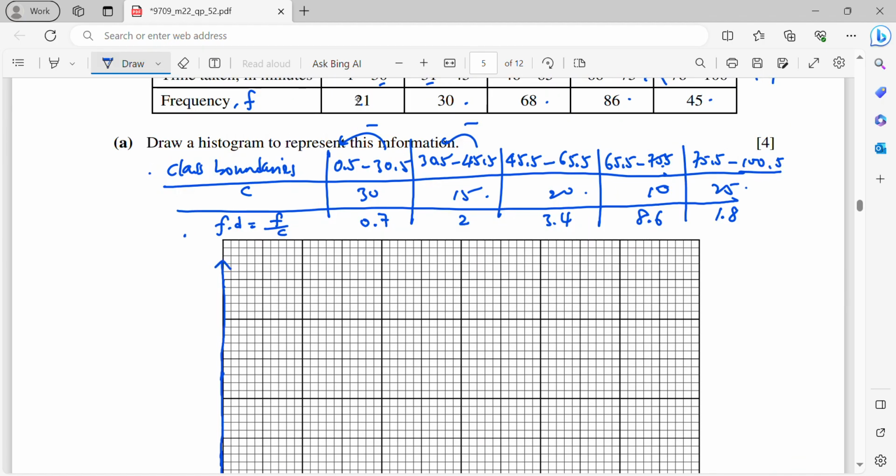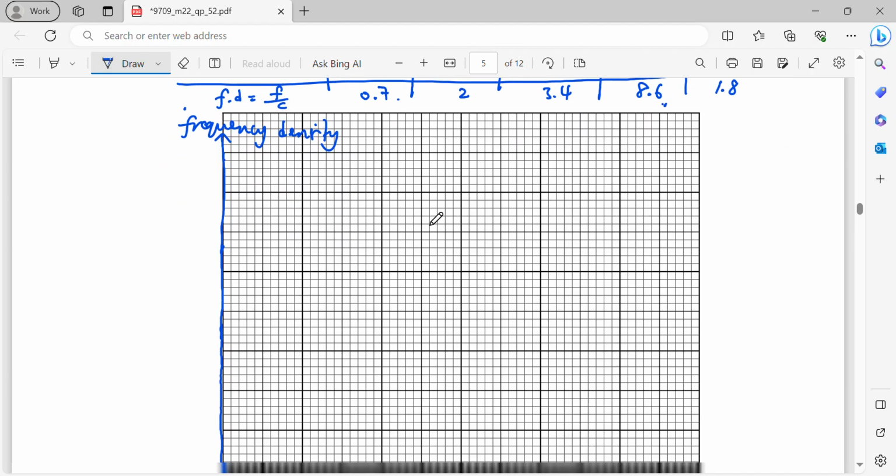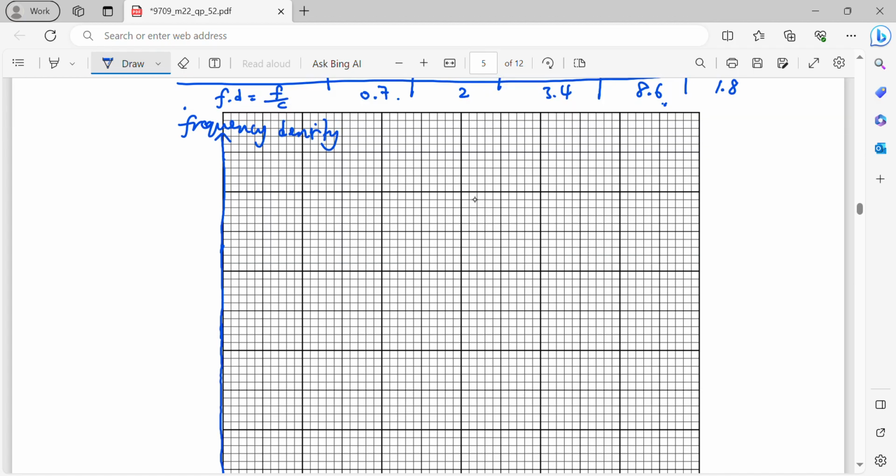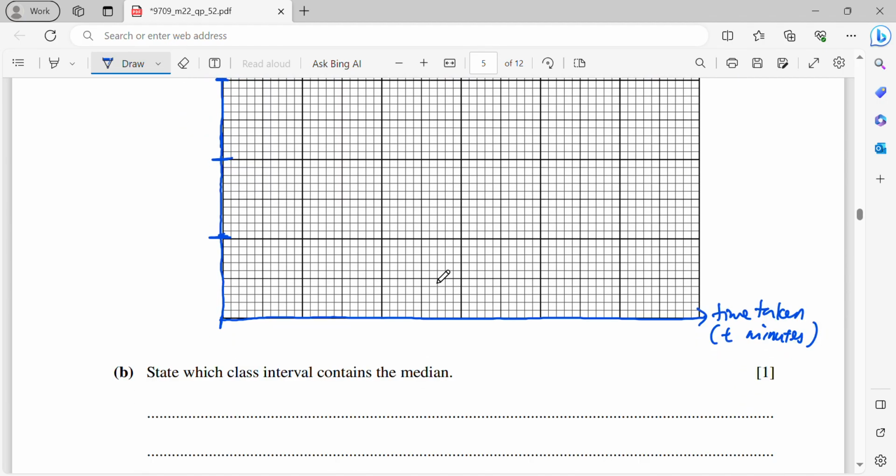Now look at the range first. For frequency density, the maximum is 8.6, the minimum is 0.7. So here we have 1, 2, 3, 4. Most likely I have to use 2, right?